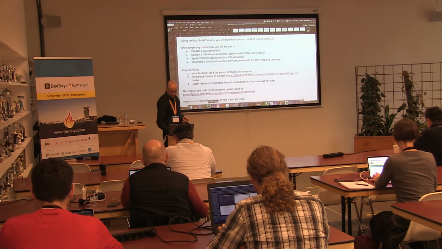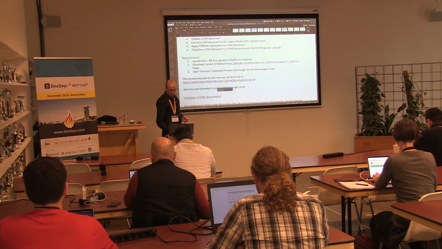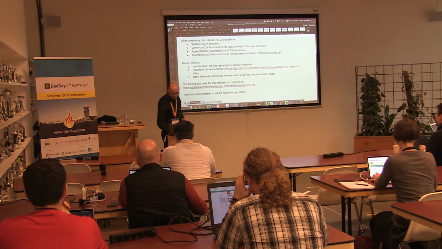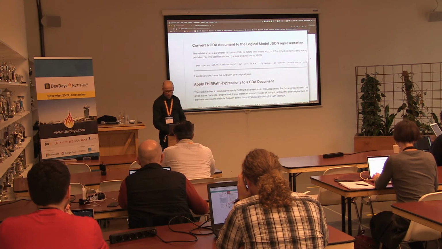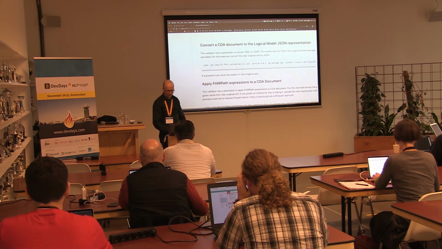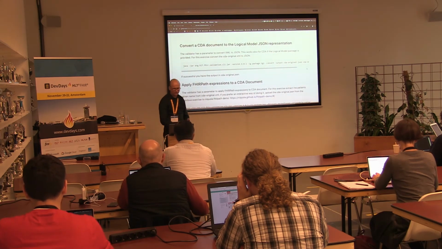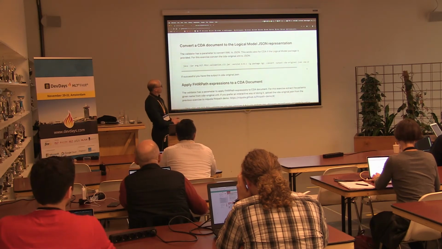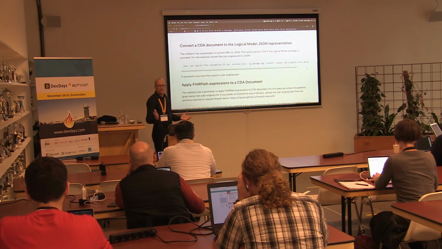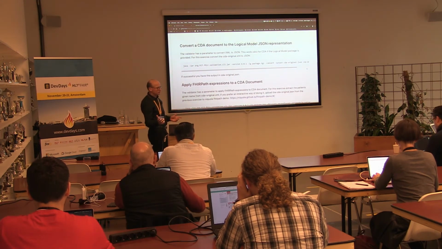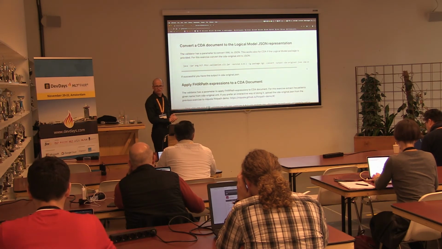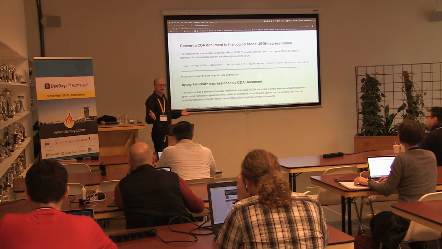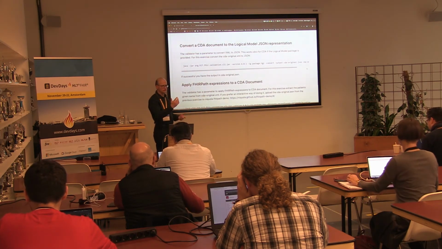What you can do now is there is a special operation introduced in the validator that you can use to convert this CDA document to the JSON representation. And that's actually not specific to CDA. You can use that convert function for any other logical model, or even just for a FHIR resource itself if you want to convert it from XML to JSON or back.